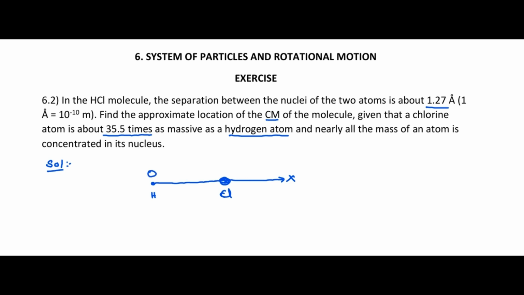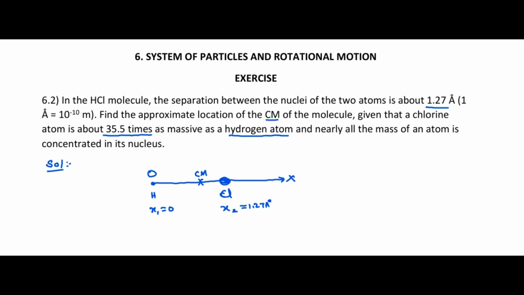At origin, hydrogen is located. Its position is 0, and the position of chlorine from origin is suppose say x2. So this value is 1.27 angstrom. Now somewhere the center of mass can be located here. So this one we have to find out.